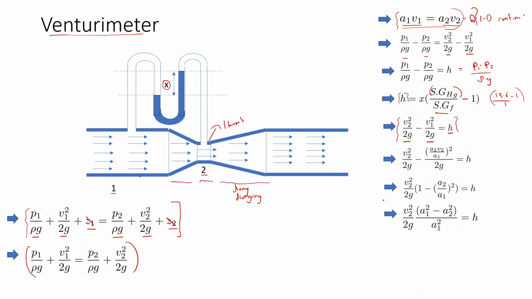So this will be V2 square by 2g into A1 square minus A2 square by A1 square.